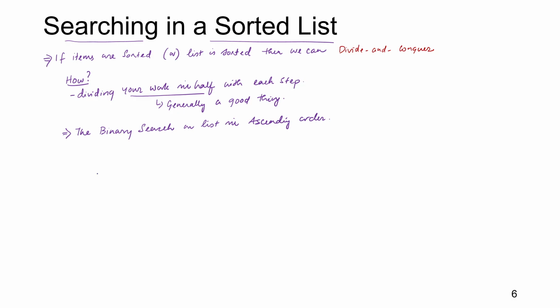How do you do this? You start at the middle of the list. In the earlier case you started with the first item, but since it is sorted, you start at the middle of the list. The trick we are going to use here is divide and conquer, and at each step you divide it into half.